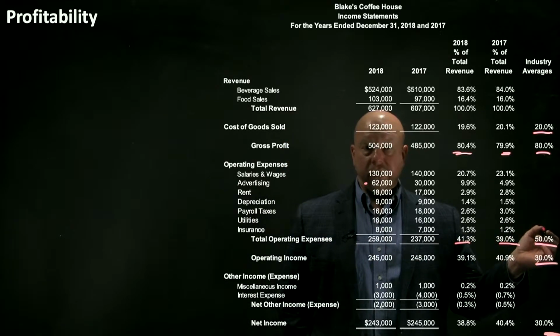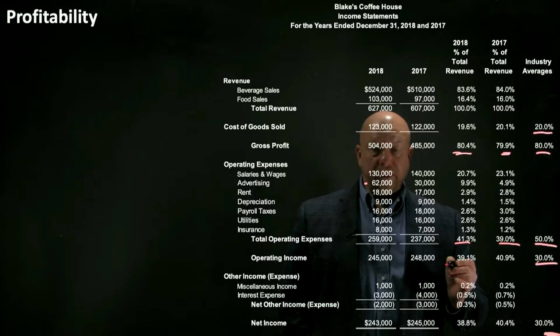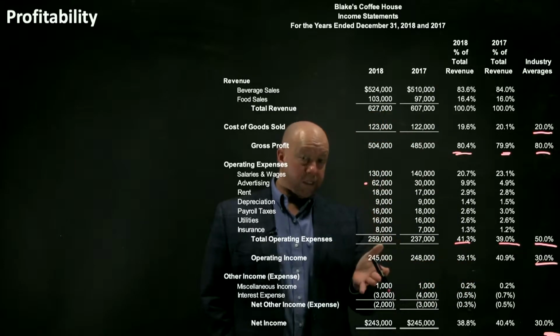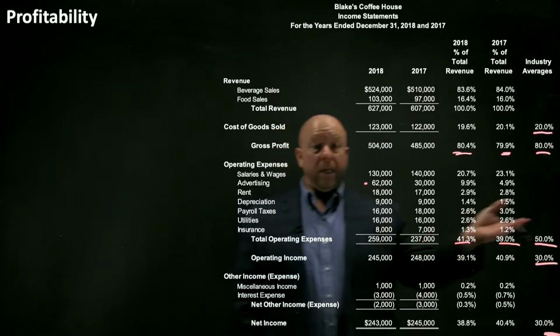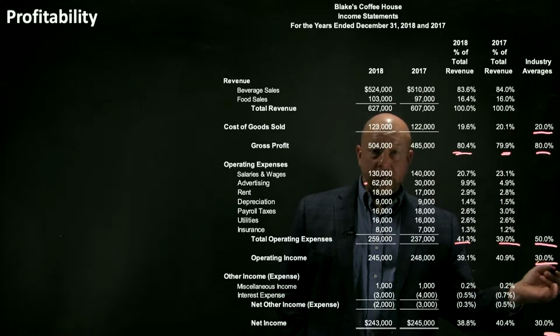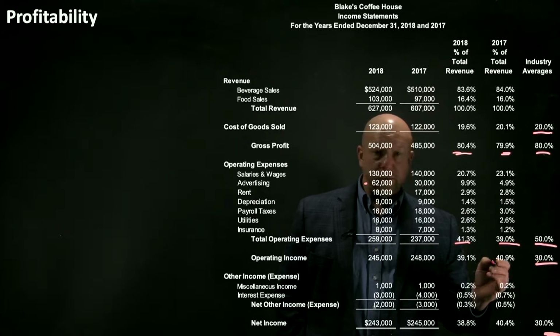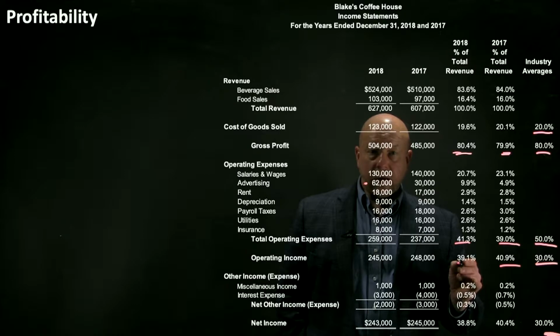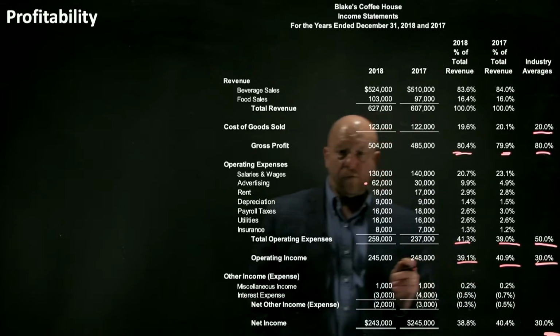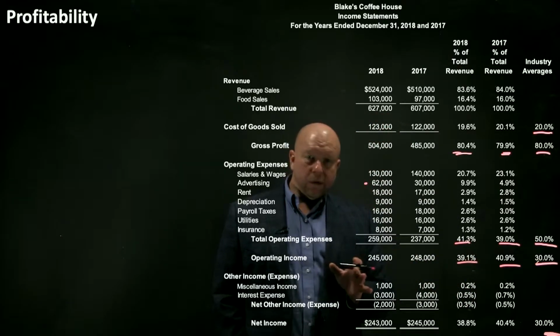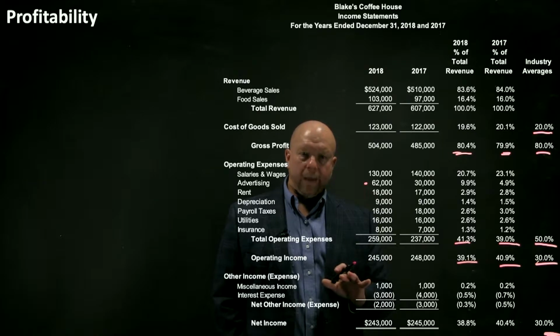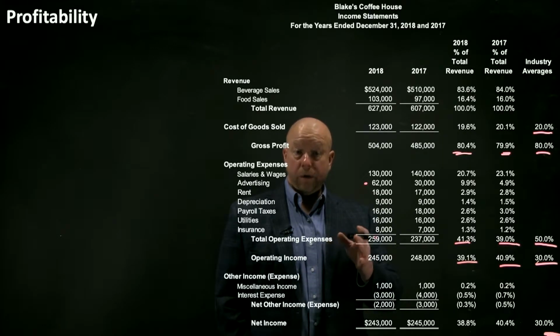Industry average is 50%, okay? So even though we're going in the wrong direction, we are beating the industry averages. Operating income industry average around 30%. We're coming in hovering above or below 40% right there. So even though it's not quite as good as what we thought, it's better than our peer group.